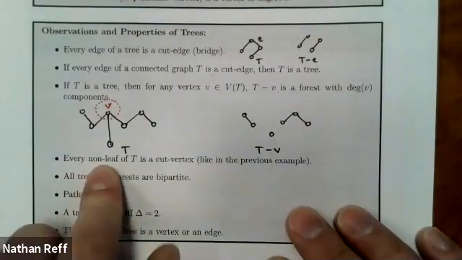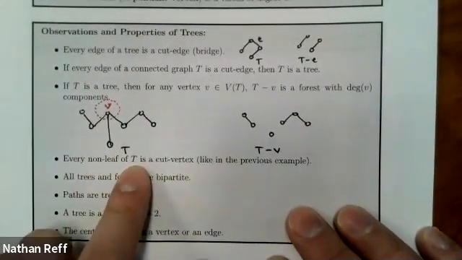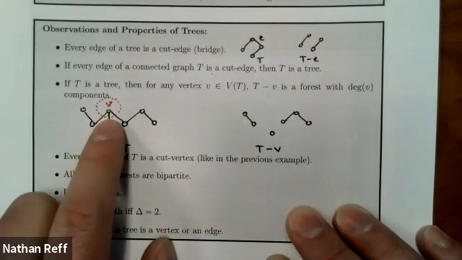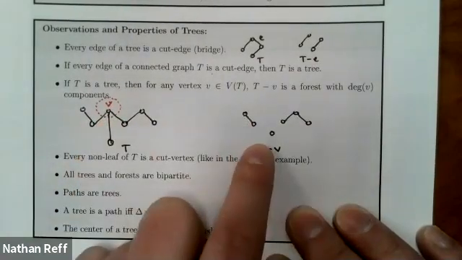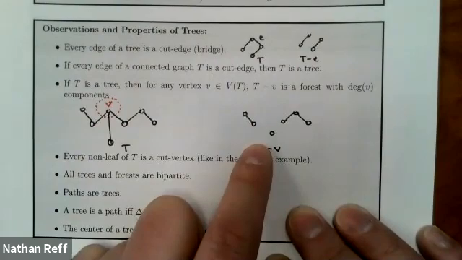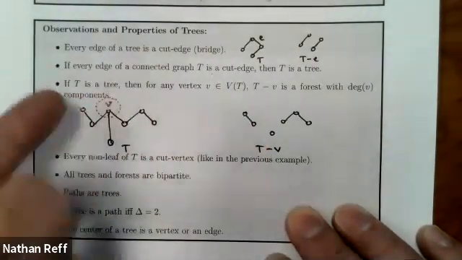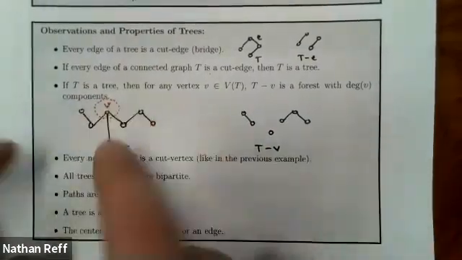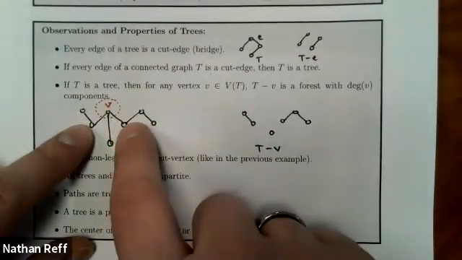Okay, so every non-leaf of the tree is a cut vertex, like in the previous example. Do you all agree that when I removed V, it definitely increased the number of components, right? In other words, it was a cut vertex. That vertex is sort of essential to the connectivity of, say, connecting the vertices over here to over here.